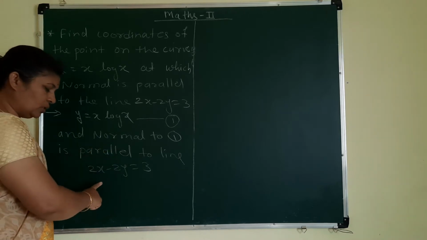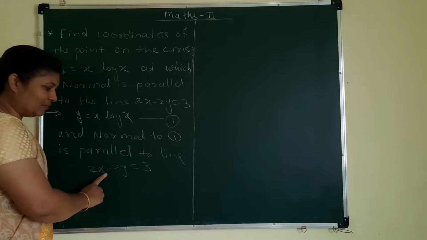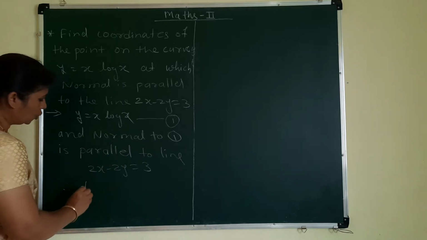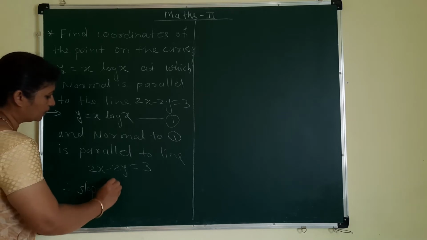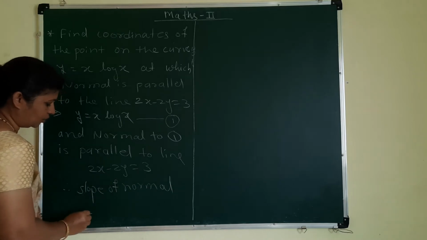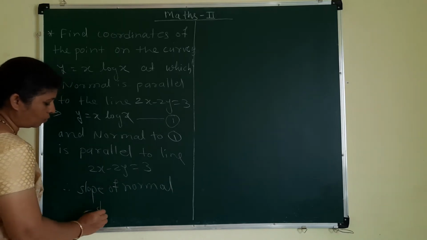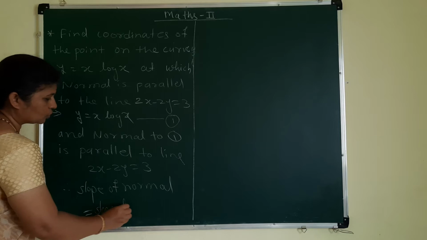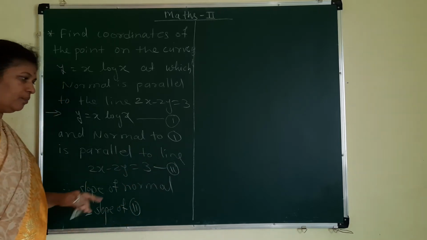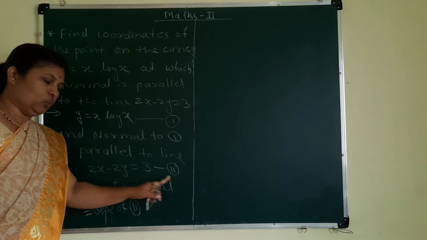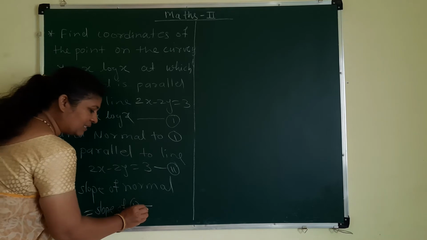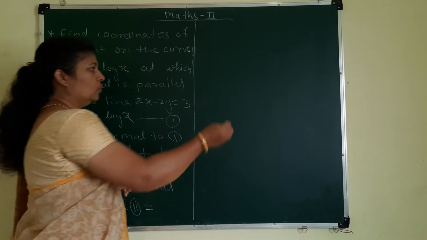Normal is parallel to this line, so the slope of this line will be the slope of our normal. Therefore slope of normal is equal to slope of the line, equation number 2, it represents that line.